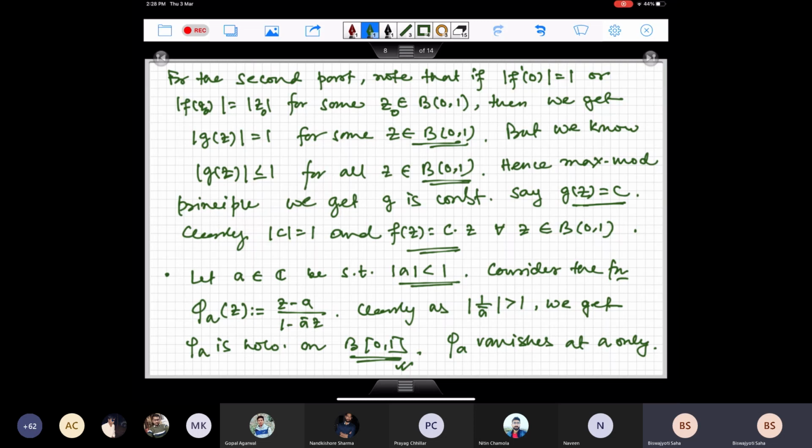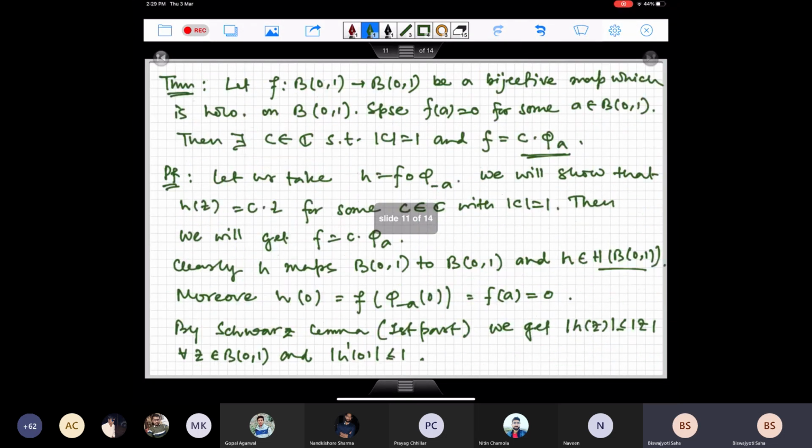It is 1 minus mod a square, if I'm not mistaken. That is what I'm getting, the determinant here, and of course here I am taking mod a to be less than 1. Therefore all these phi a functions are actually Mobius transformations.